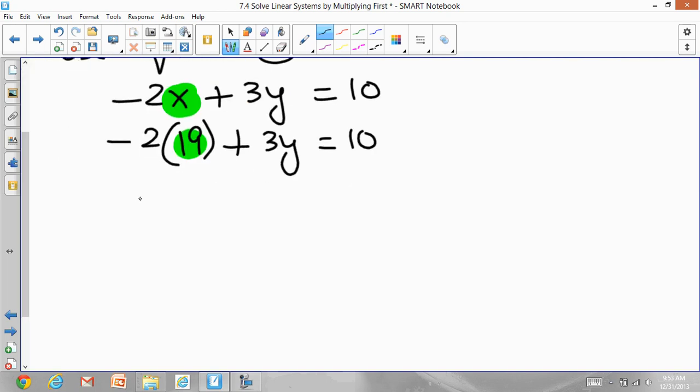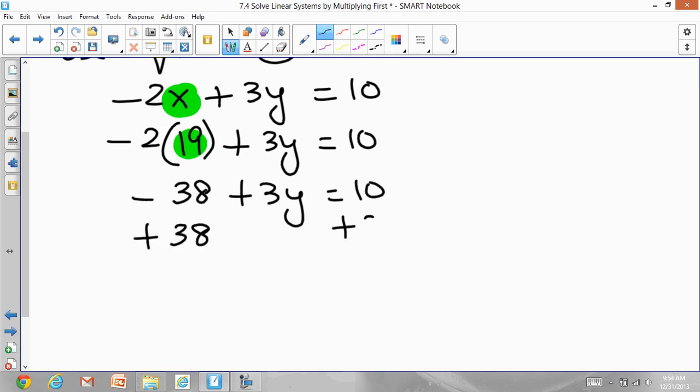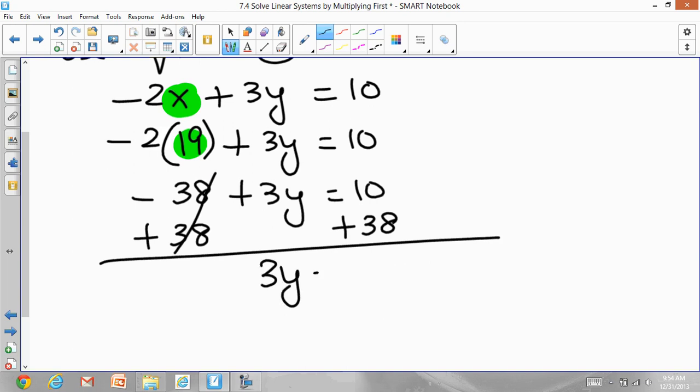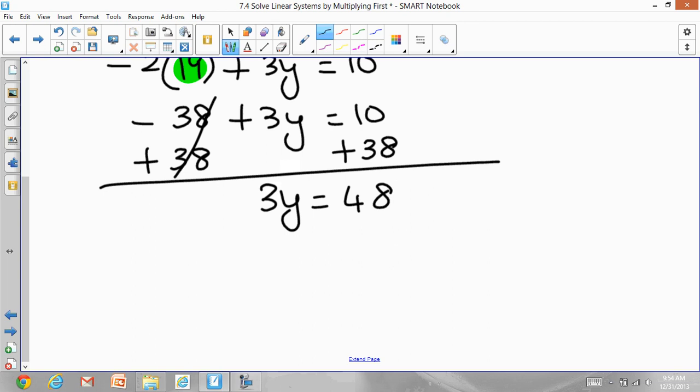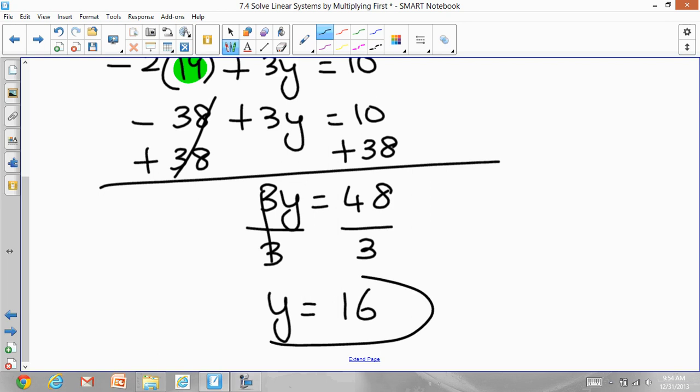So this is going to give you negative 38 plus 3y equals 10. Plus 38 on both sides. This is your two-step equation. Cancel. 3y equals 48. This is your one-step equation. Divide by 3 on both sides. And you get 16. So this is your y.